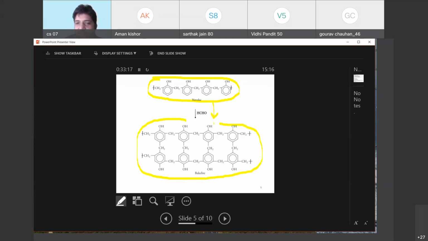It forms a cross-linked structure. Okay, it's very difficult to explain here how it is forming this structure.